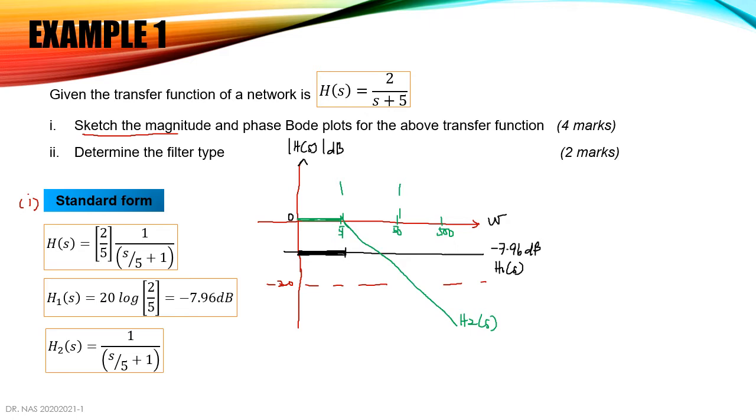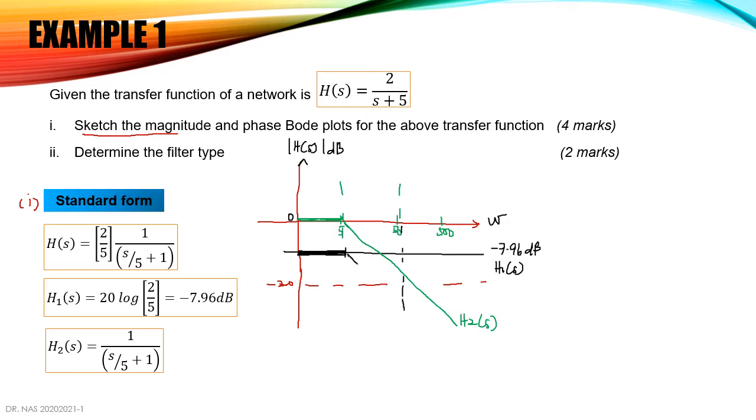So you can see that at this position at 50, it is negative 7.96 minus about 20, so it's negative 27 or something.